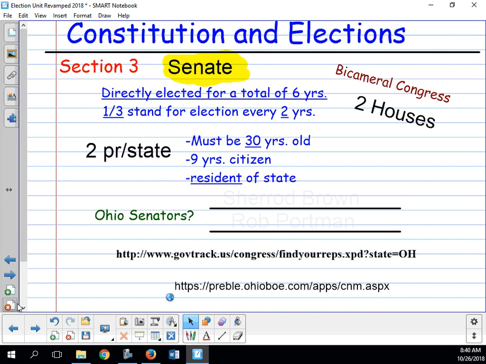So they decided a third will have the opportunity to be re-elected after 2 years, another third will wait 4 years, and another third will go the full 6.